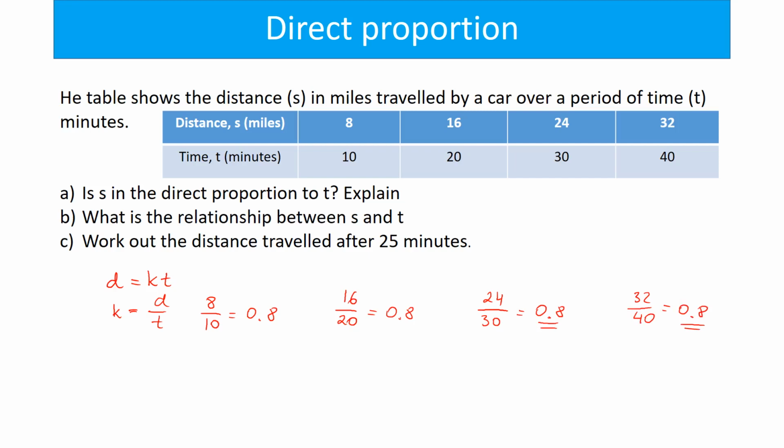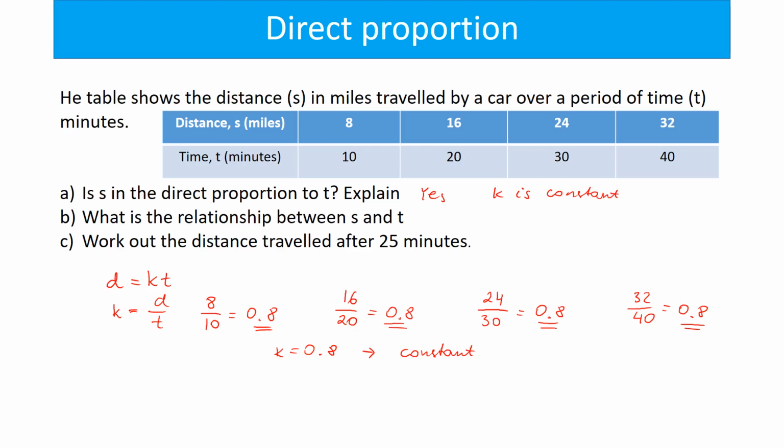So you can see that all of those values are 0.8. So that means that k is constant. So yes, they are in direct proportion because k is constant.